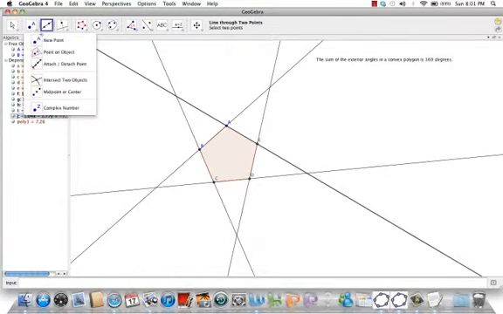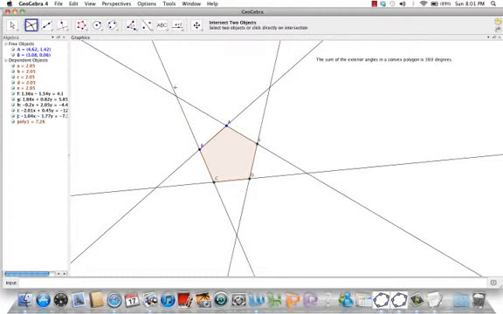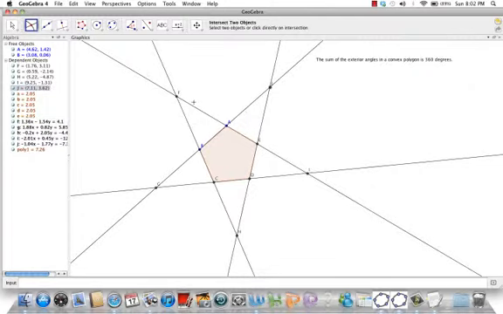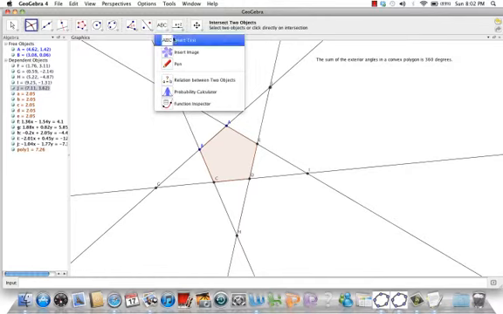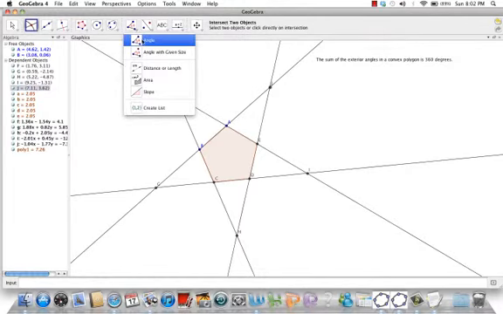And now we need to measure each of these exterior angles right here. And in order to do that, we need 3 points. So we have this and that side, this side and that side, and then this side and that side. Alright, so now we have our 3 points. We can label our angle. To label our angle, we choose our 3 points.